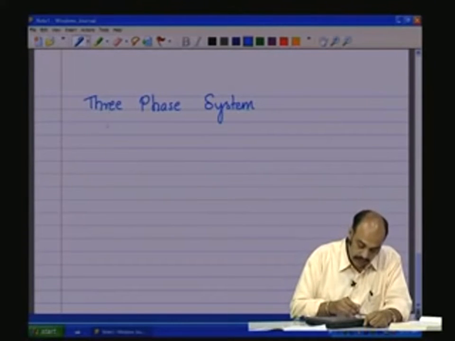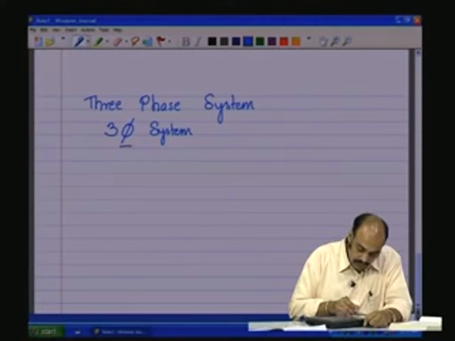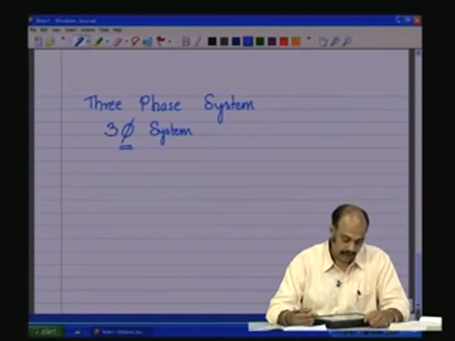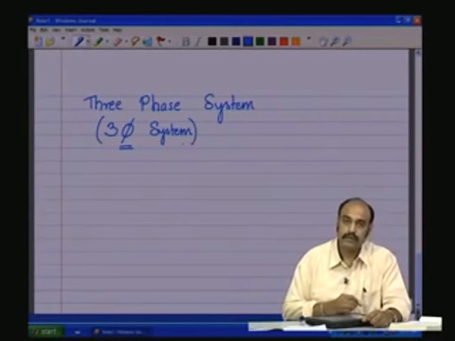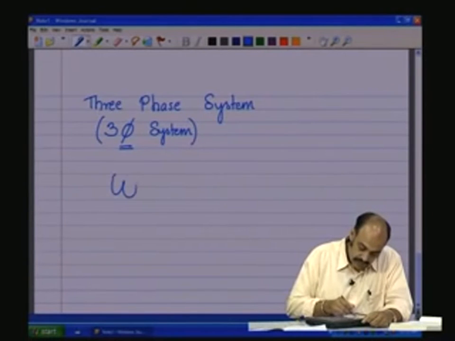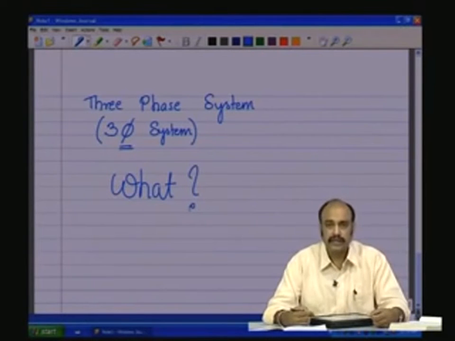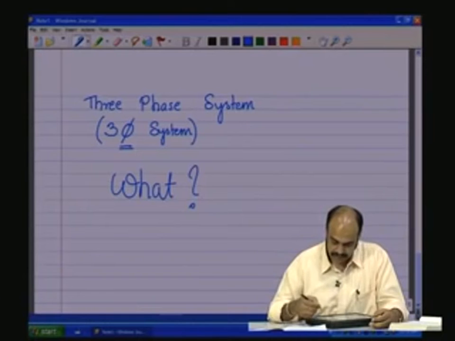This is also written as 3 phi for 3 phase system. In the literature you will see that phi being used for the term phase. So, now what is this 3 phase system? How does it look like and what is its character and what are its features?